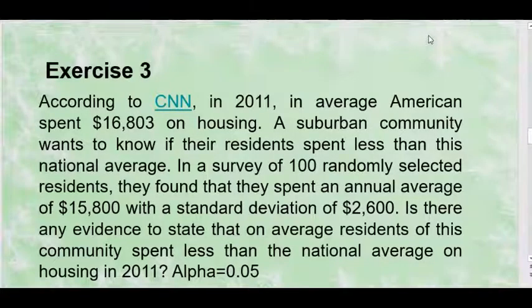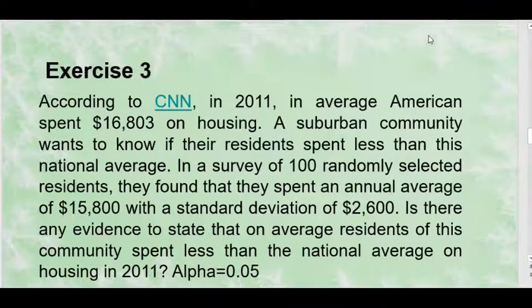Exercise 3. According to CNN, in 2011, on average, Americans spend 16,803 on housing. A suburban community wants to know if their residents spend less than this national average.